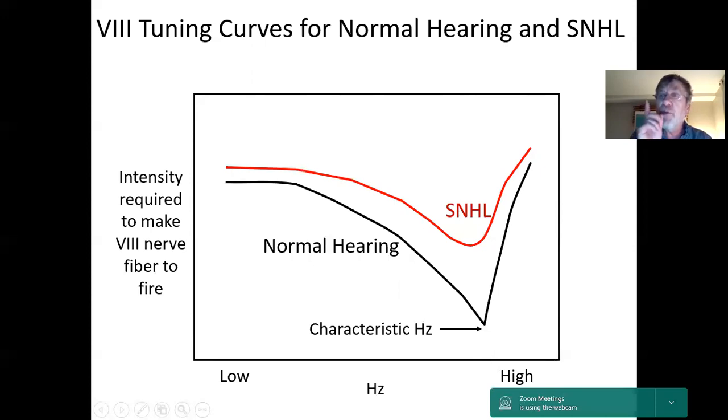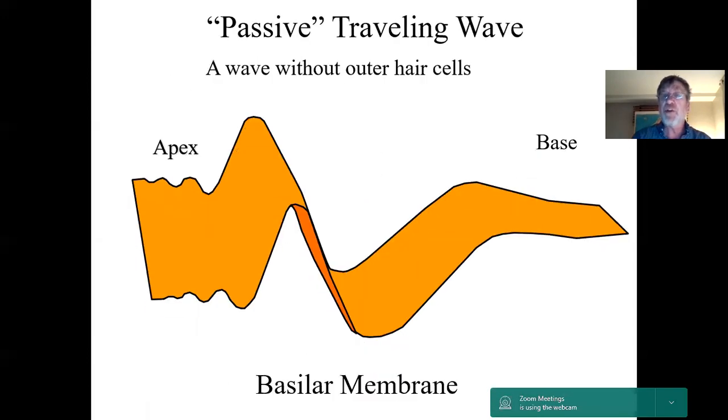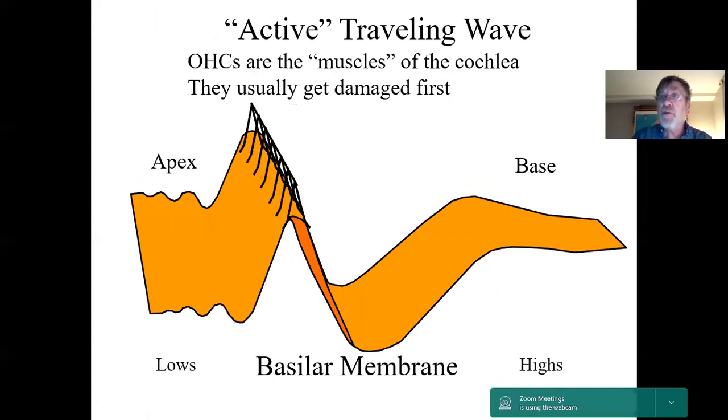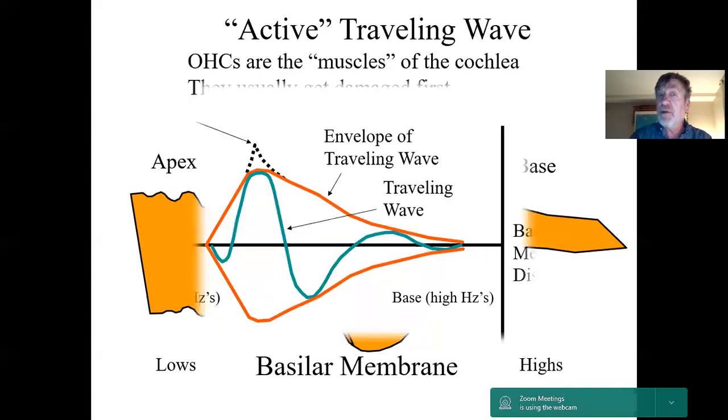But look what happens with sensorineural loss, damage to outer hair cells. We said earlier, damage to outer hair cells does this. It makes a duller and rounded traveling wave peak. Hold that picture in your mind, because guess what? When you've got this, and then you get this, that problem is echoed further up the system into the eighth nerve.